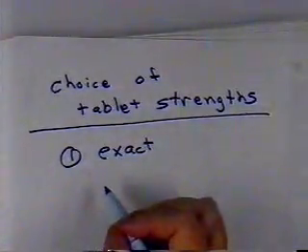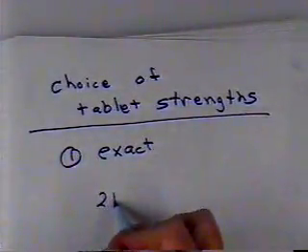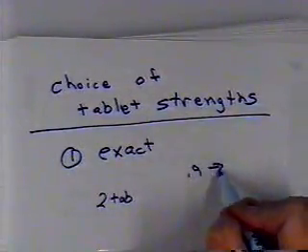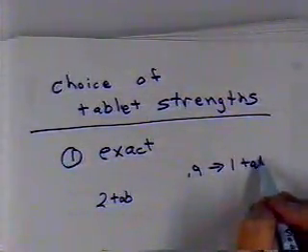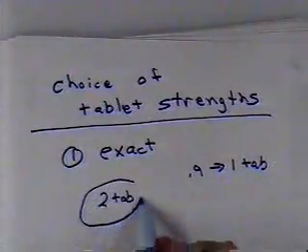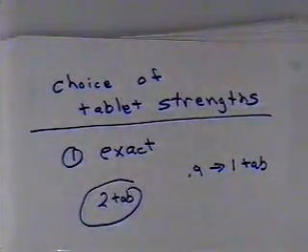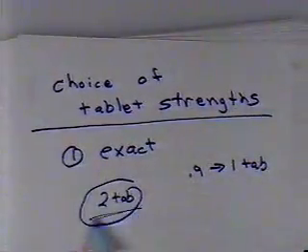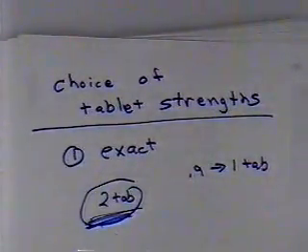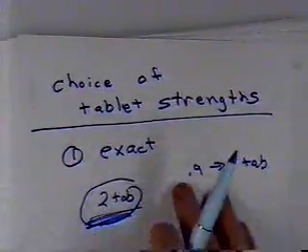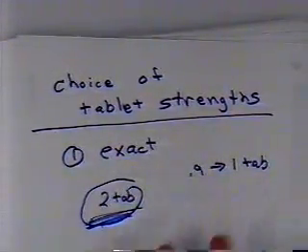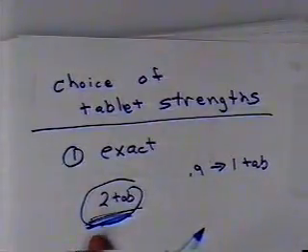If one of them said to give 2 tablets and the other one said to give 0.9 of a tablet and you rounded it up to 1 tablet, you would give the exact amount. If when you divided this one was exact, this one was a decimal, you give the exact amount. It's better to give the exact correct dosage rather than do any rounding. So if you have a choice of tablets and there is a choice, you go exact.